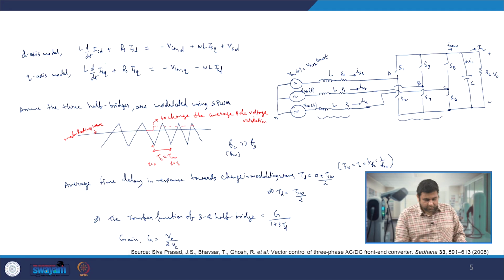That means when we are having this carrier, here we are going from 0 to 2 Vc, or minus Vc to plus Vc.